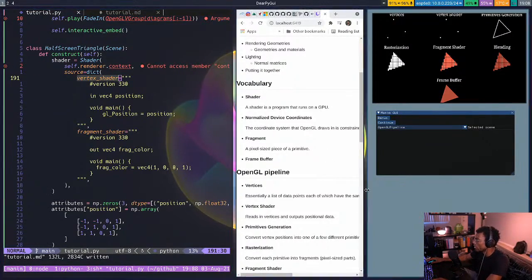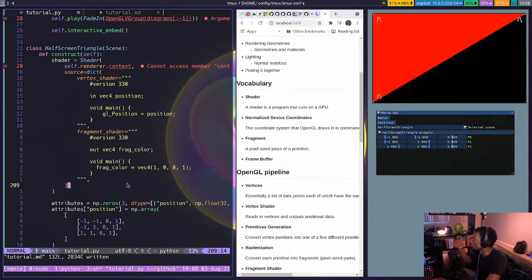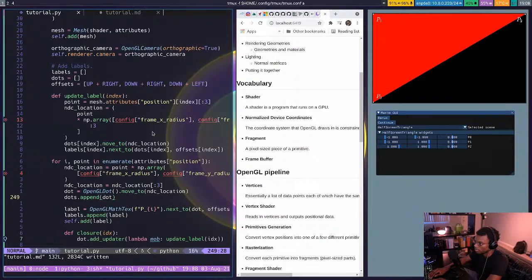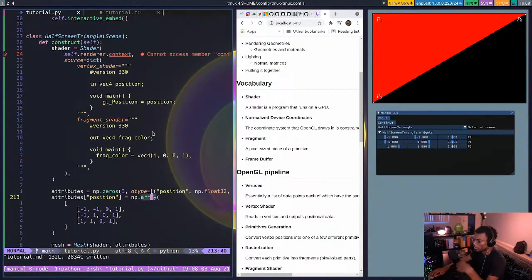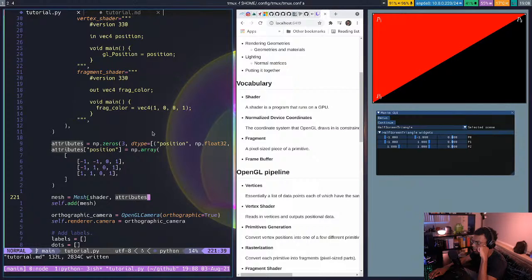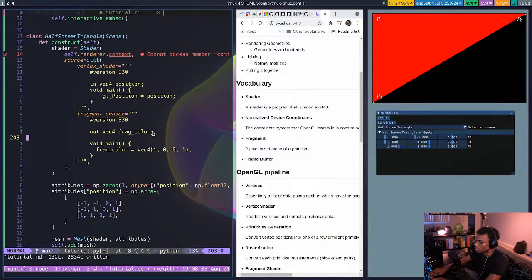Okay, so the half screen triangle. Uh-oh. Oh, there we go. So this code I'll have to go over. Luckily, it's pretty straightforward. Maybe I could even save some of these lines.